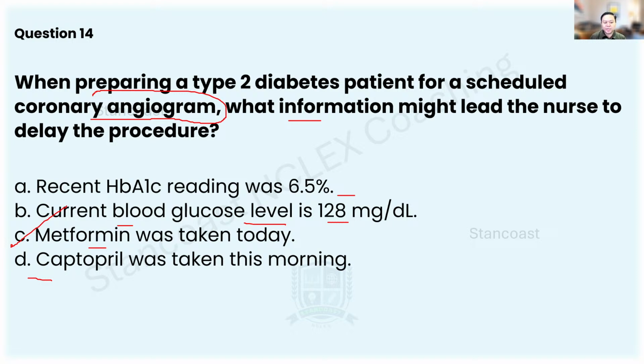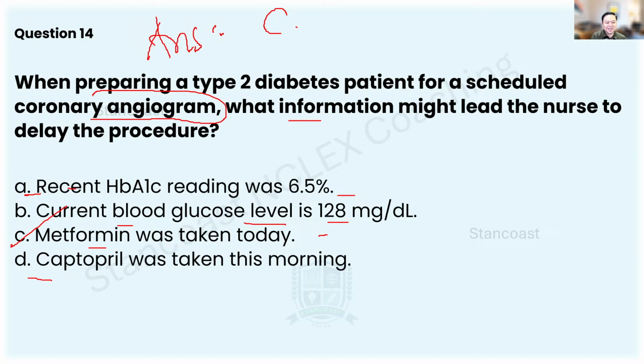And so this would really help the patient not develop the complication of lactic acidosis if the procedure is delayed. So make sure that you're going to investigate about the medications that they're currently taking. All right? The answer is letter C.